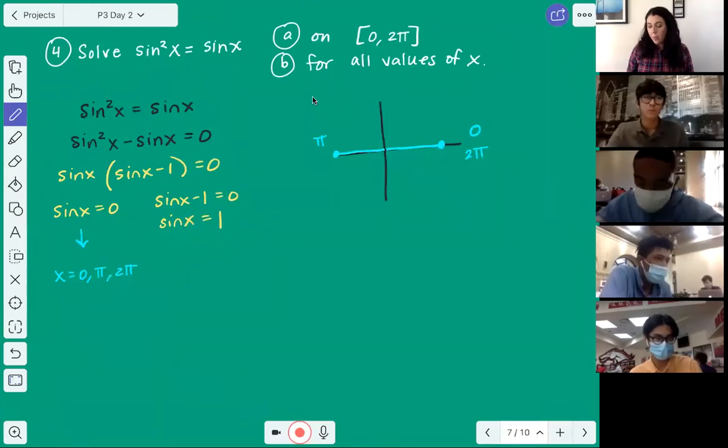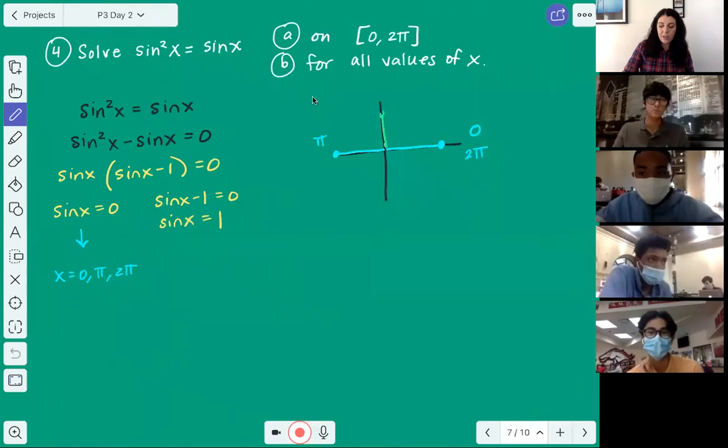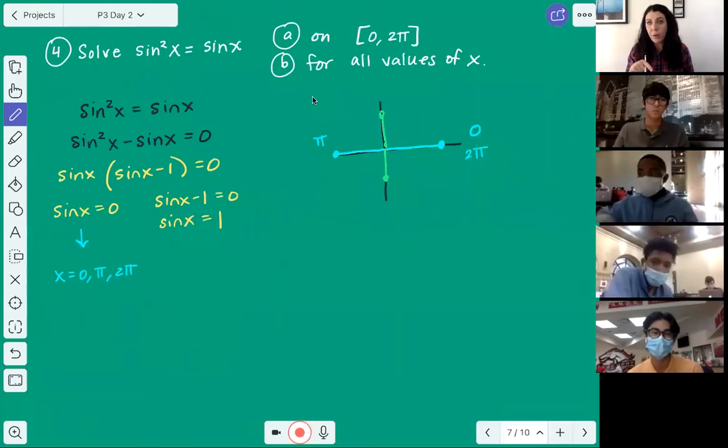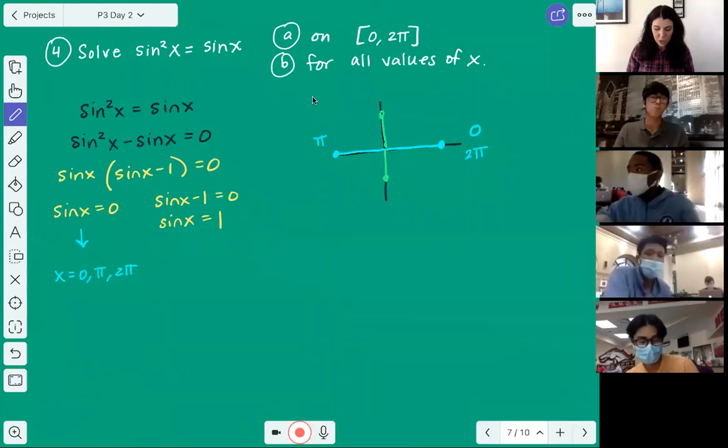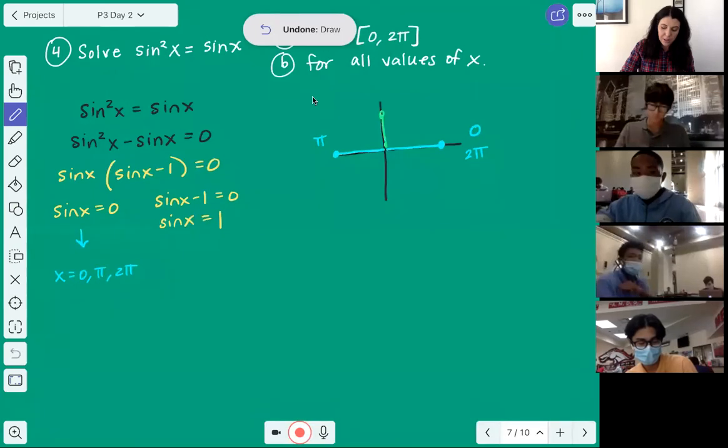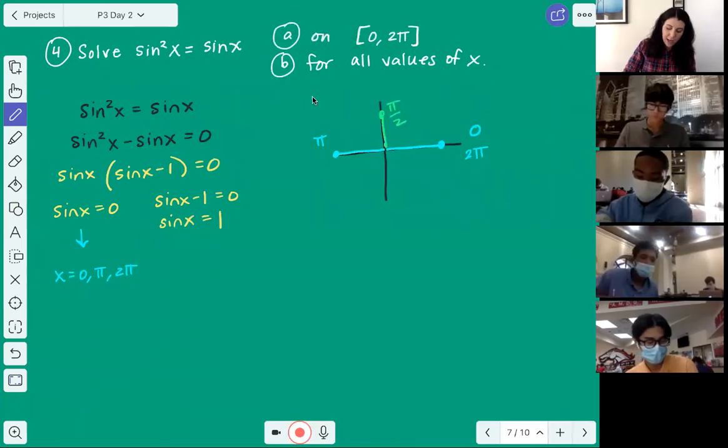Okay, Adam, where is sine x equal to 1? On the y-axis. Up here and down here? Not down, because they would be -1. Correct. So not at 3 pi over 2, because at 3 pi over 2, it would be -1. So just at the positive pi over 2 up here. So we get x is equal to pi over 2.